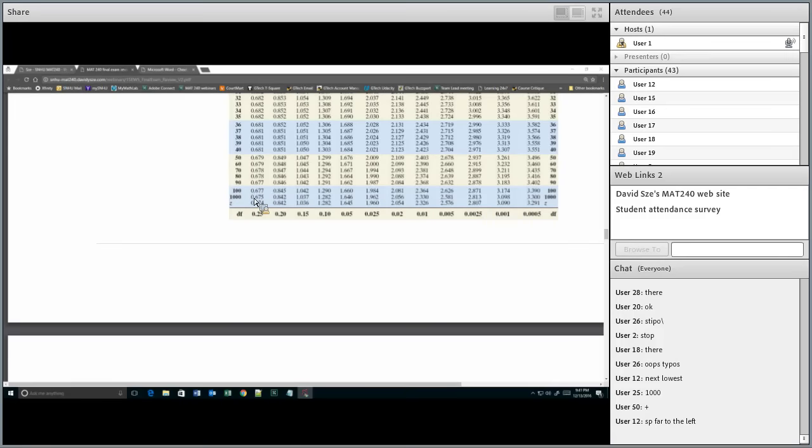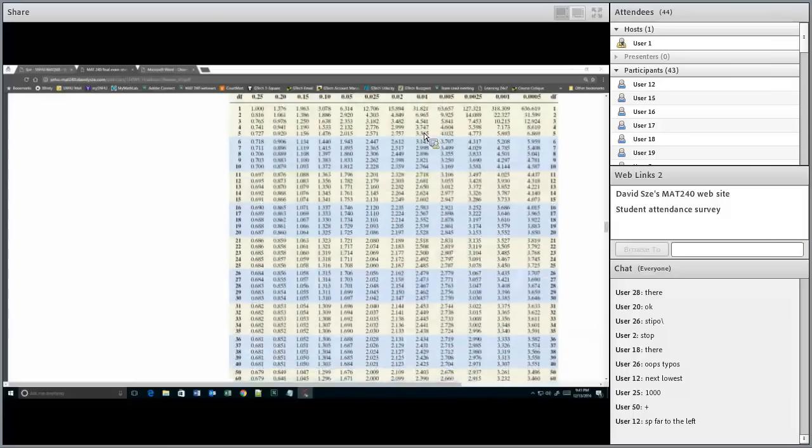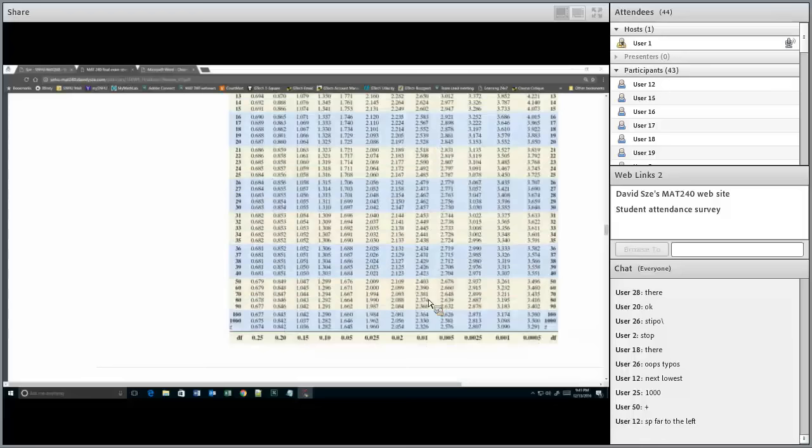But we're going to go to the closest DF that's given here to our 699, which I would say is 1000. Okay. So based on this, my critical value will be, looking at this column, scrolling down to the 1000 row, 2.33. Okay. So this is the critical value 2.33. Now there's one trick here.